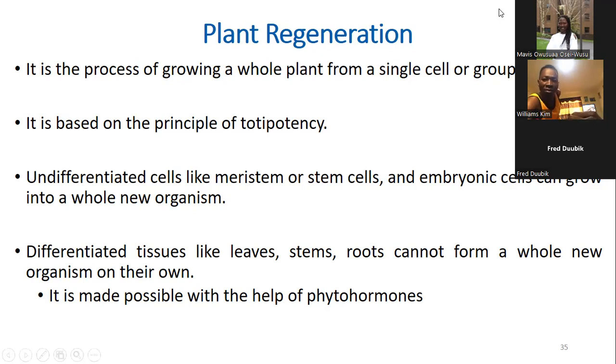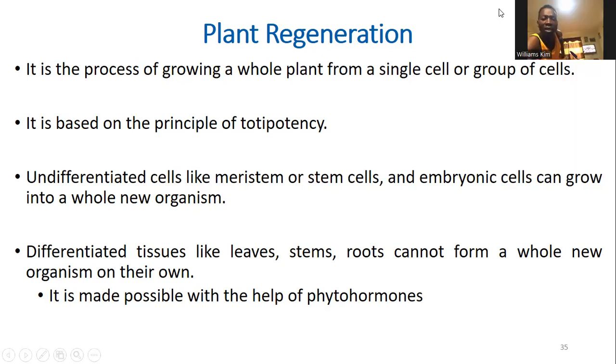Okay, madam, this is William. When we say regeneration, it's like the same plant using either the parts, either the leaves or the stem, to replant the same, or maybe to reproduce the same plant.